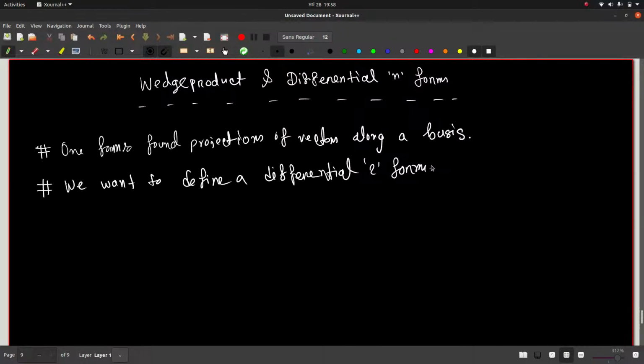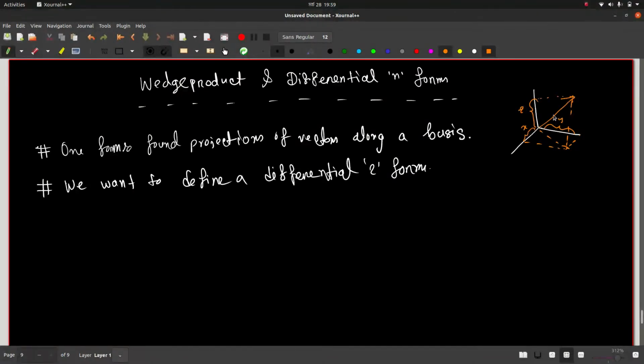How this two form will look like, we'll come to that later, but from the fact that one forms find out projections gives us an idea that if you consider a vector, let's say in a 3D space like this, and if you take the projections onto the different axes, so this is the, let's say, x projection, this is the y projection, and this is your z projection.